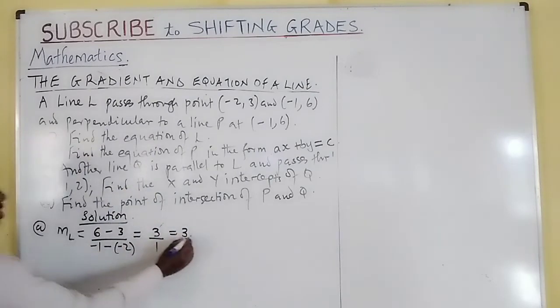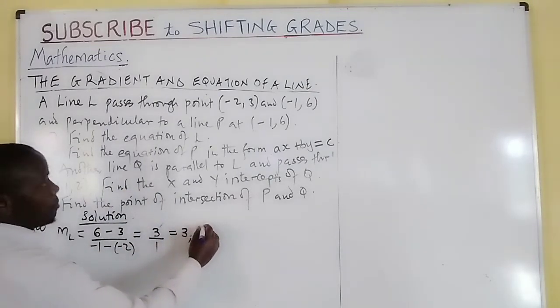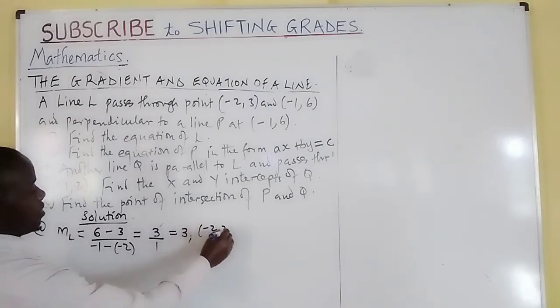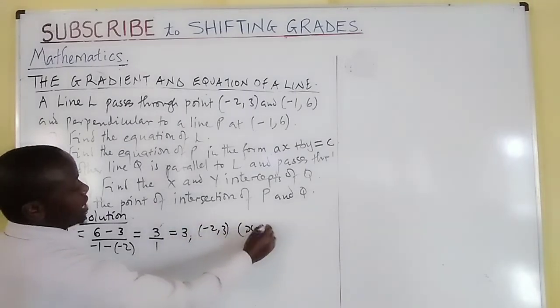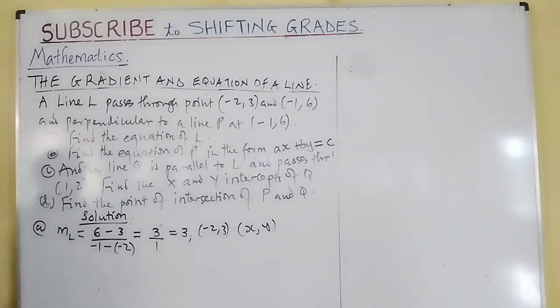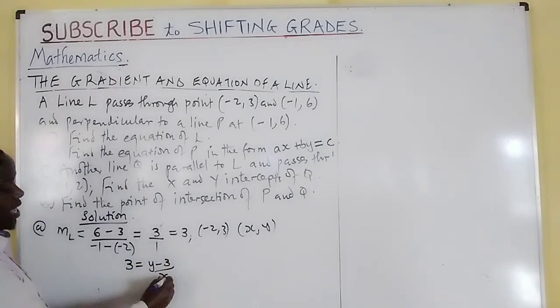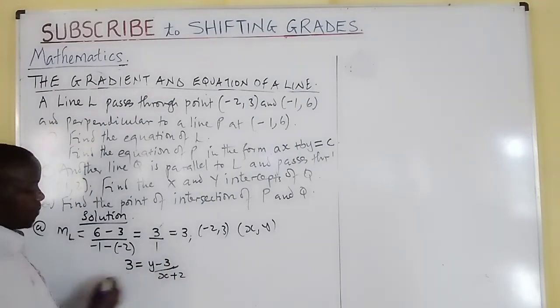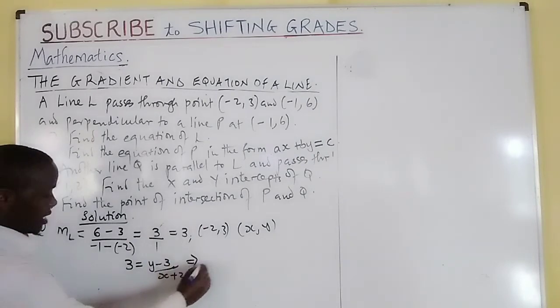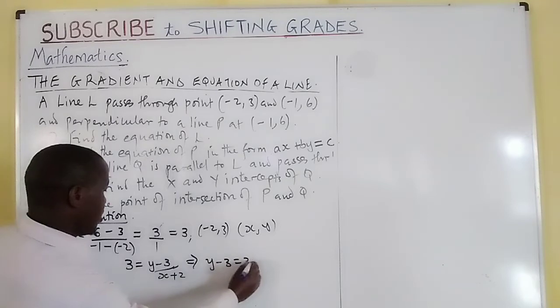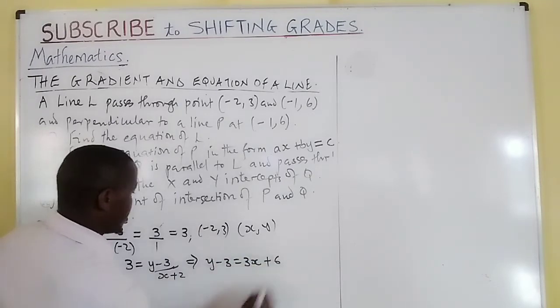So with the gradient 3, we take any of the points, -2, 3, where it passes, and we let another point be xy. Therefore, the gradient is equal to y minus 3 all over x minus -2, which becomes x plus 2. So this implies that y minus 3 is equal to 3x plus 6.